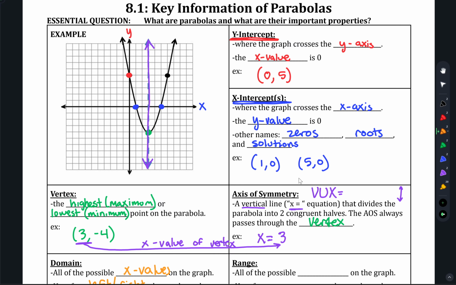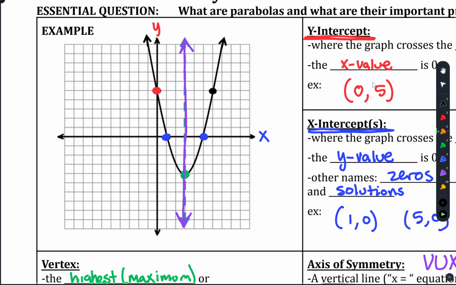If you take a look at any parabola, what you're going to see is on the end, and you should be drawing these in as well, there are arrows on the end. Those arrows are indicating that this parabola continues to go out further than what is drawn on the graph, because obviously we can't draw a line for infinity. But we can use those arrows to indicate that it keeps going.